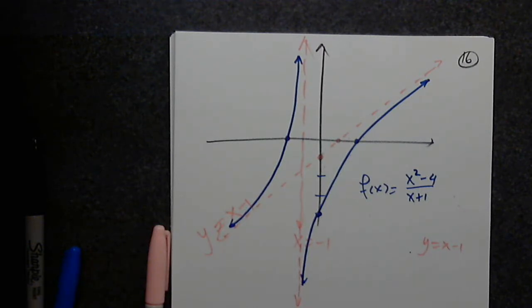Last thing, and I'll stop. So please do not forget, rational functions require parentheses around the top, x squared minus 4, close the parenthesis, and x plus 1. The calculator is not as smart as you are. Don't forget parentheses.